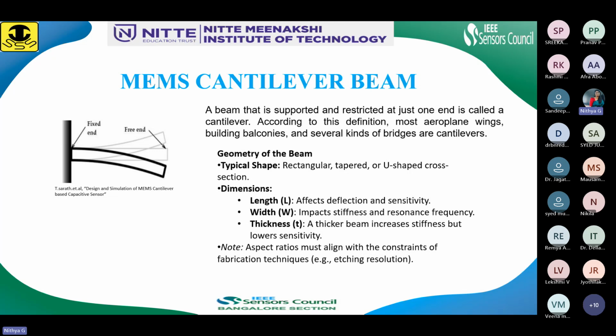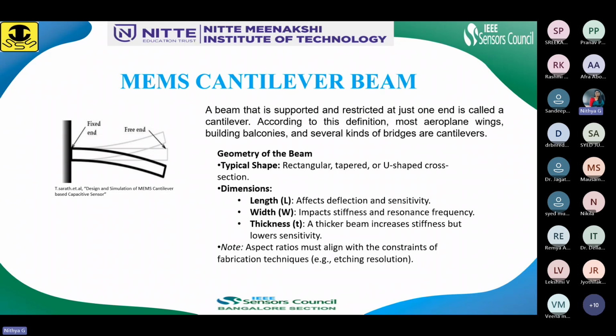Hooke's law states that the stress is equal to Young's modulus of that material times the strain created in that material. So Young's modulus decides the flexibility of the material. If you don't want your material to be too flexible, then you have to increase the stiffness. If you want to make it very flexible, then you have to decrease the stiffness.